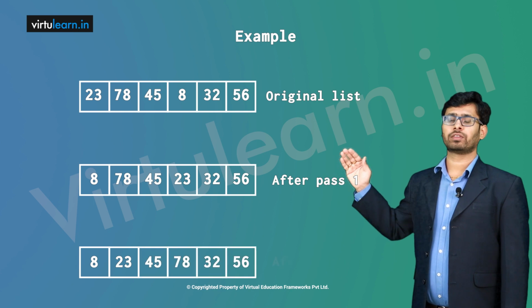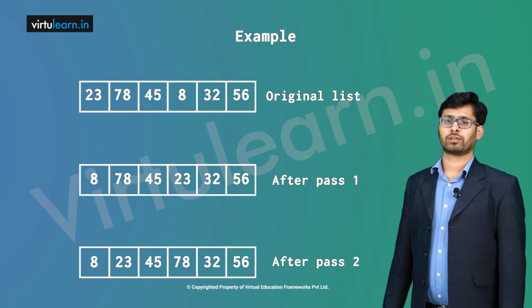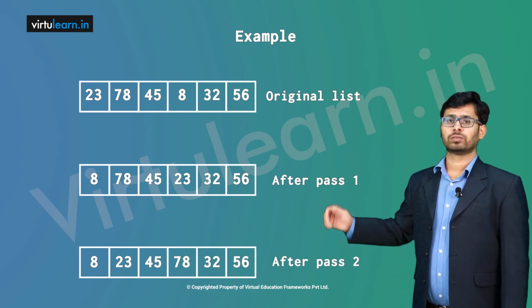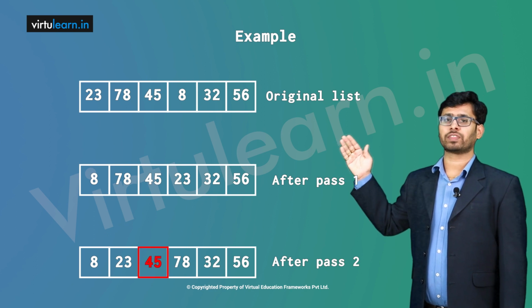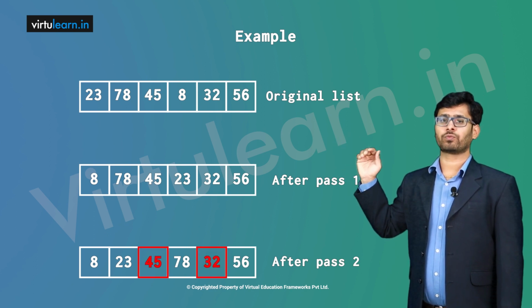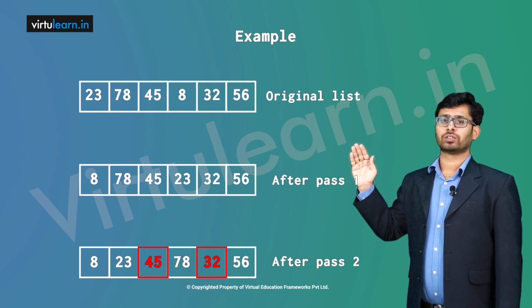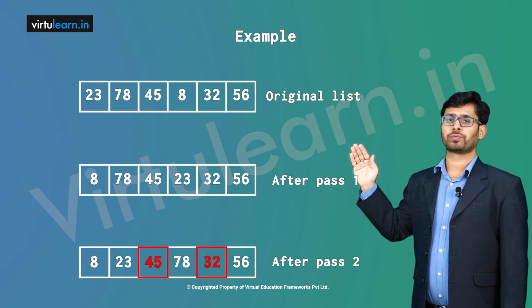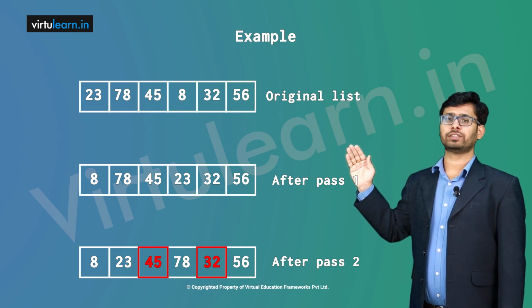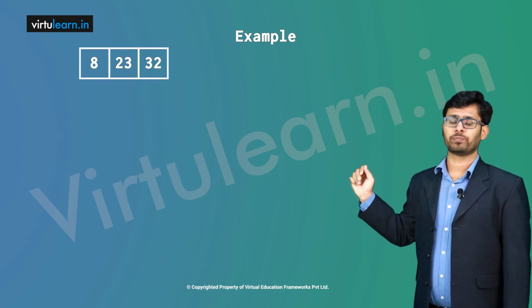Compare 45 with 32. Now 45 comparing with 32, we need to swap it because 45 is greater than 32. Now 32 will come into the sorted list. So after pass 2, we have the sorted list as 8, 23 and 32.